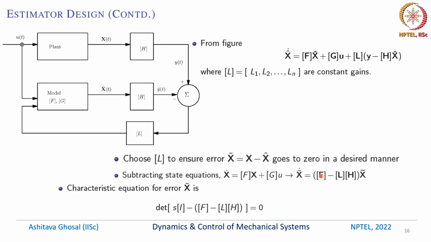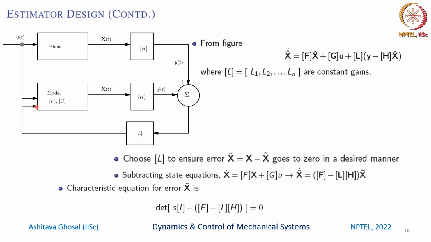So how does the estimator look like? Basically we have u of t coming into the plant. The output of the plant is x of t. Then we have this transfer function or h matrix, so h into x gives me y, and we are going to measure y.